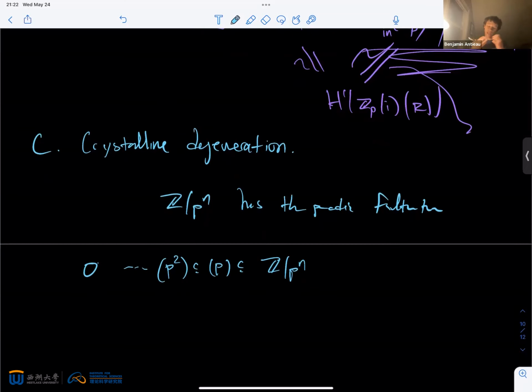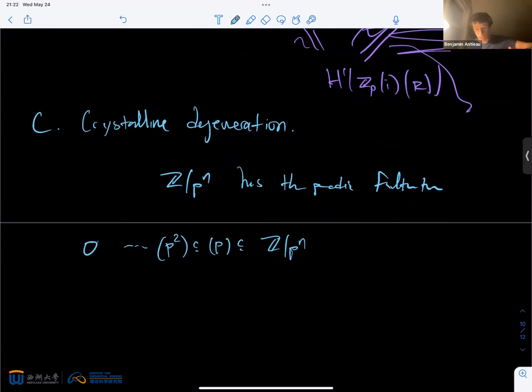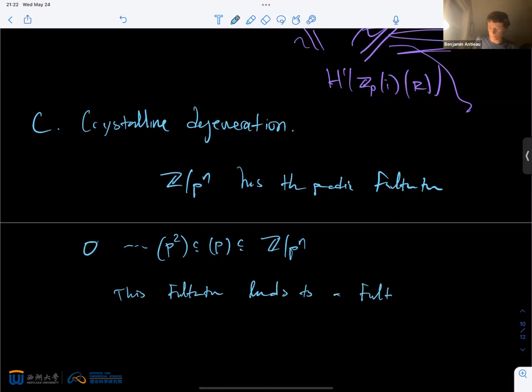And so for any filtered ring like this, there's an additional filtration on the syntomic cohomology. So this filtration leads to a filtration I'll call F star on the syntomic cohomology.